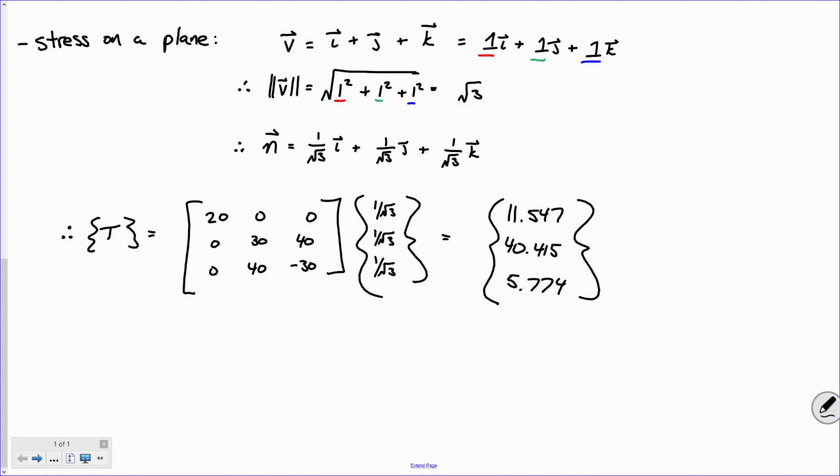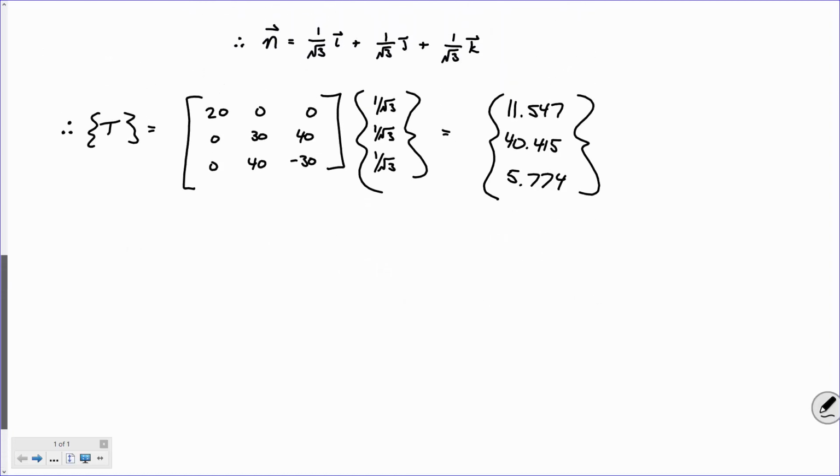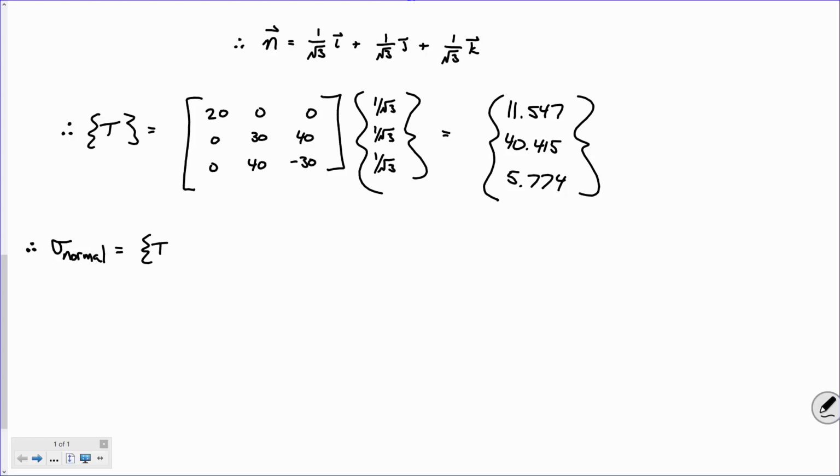To get the normal stress, what I do is I take T and I dot it with N. Now, how do you do a dot product? Number times number, right?